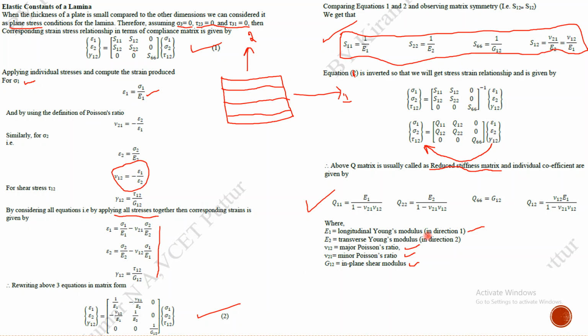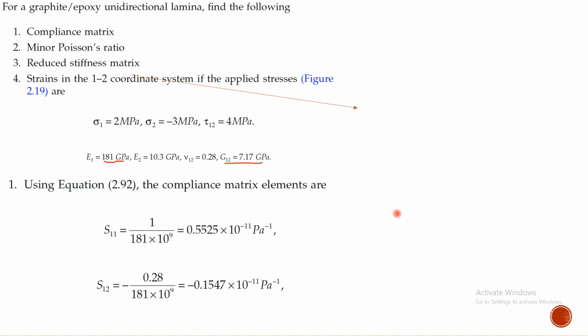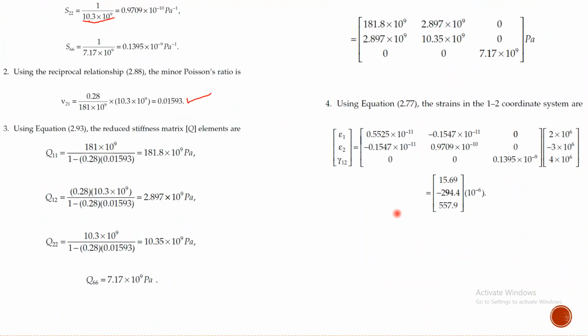If you do that, obviously you are going to get the Q terms directly. So instead of remembering all these, you can do that also. If you do that, then the terms will be like this. So the Q matrix, that is the reduced stiffness matrix, has also been calculated. So the last one is what?